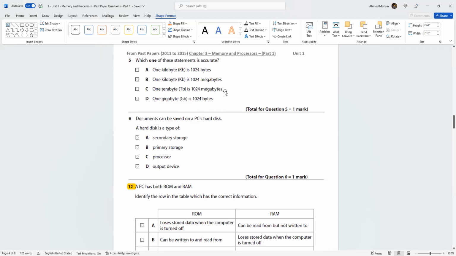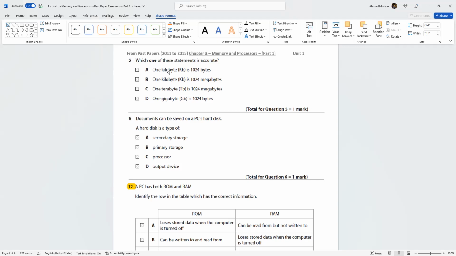1 terabyte, 1024 megabytes. No. 1 gigabyte is 1024 megabytes. No. But you see, guys, even though they are using kilobyte here, which comes in the decimal number system, they have used 1024. Normally when we say kilobyte, we are referring to the decimal number system, where we don't use 1024, we use 1000.